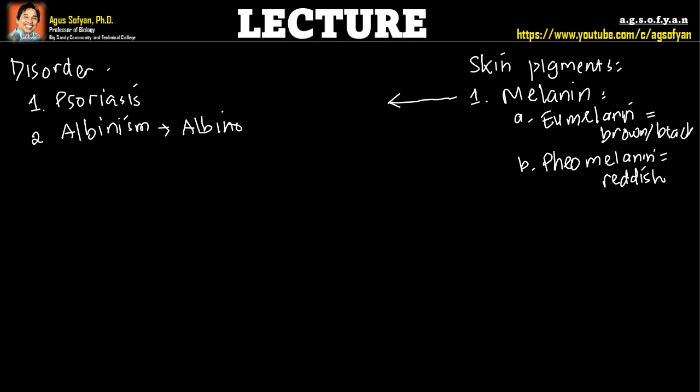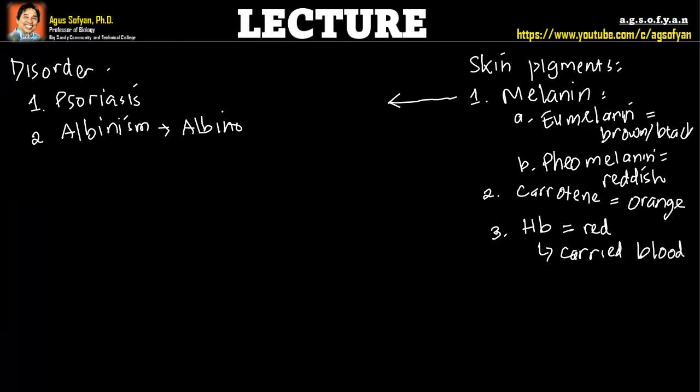There are other skin pigments, like carotene, for example, which is kind of an orange color, and hemoglobin, which is red and carried by blood.